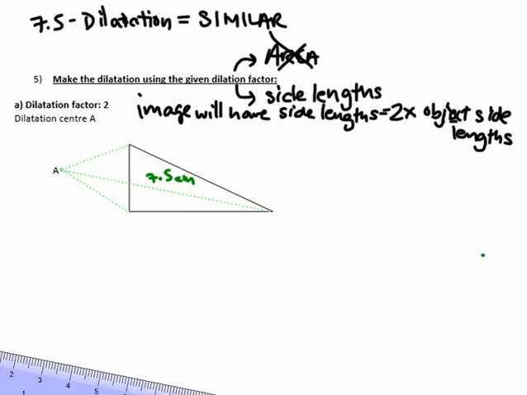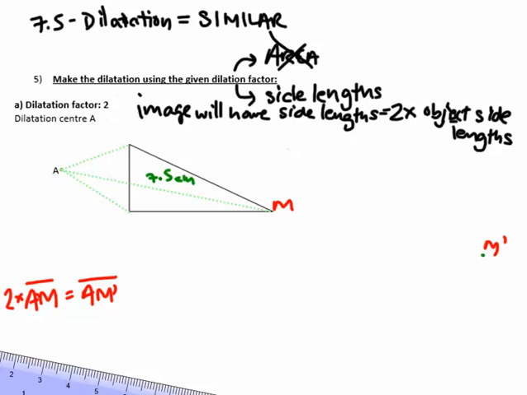If I give this a name and I'll call it M, so that means the distance from A to M, or sorry, that's the original one. So 2 times A to M gives me my new image, A to M prime. So twice of that gives me all the way to M prime, which is all the way out there.